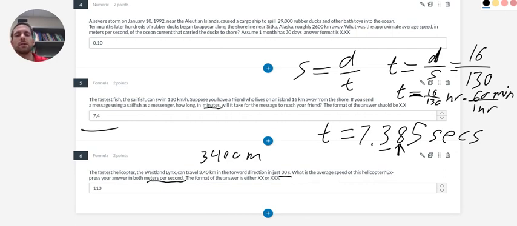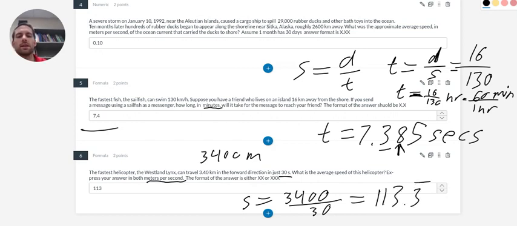So our speed is going to be distance over time, so 3,400 over 30, which is going to give us 113.3 repeating, but we want no decimals, and this is a 3, so we can get rid of it. So 113. That's our answer. That's it.